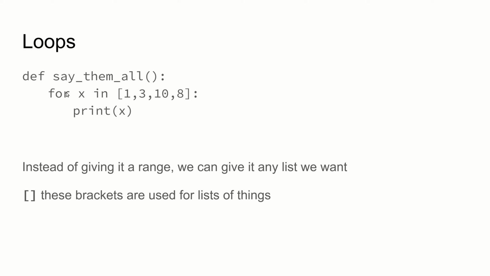Another thing to note here is that I've shown that the loop variable does not just have to be named I. I is a pretty common name for a loop variable, especially when the variable that you're getting is an integer, like when we were doing our ranges. But it could be any sort of different thing.